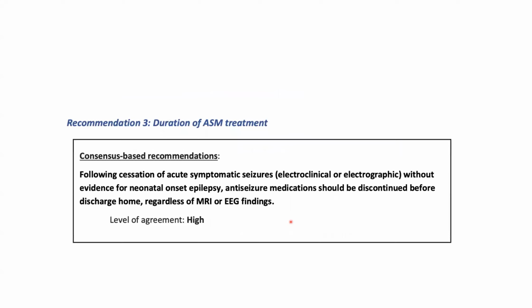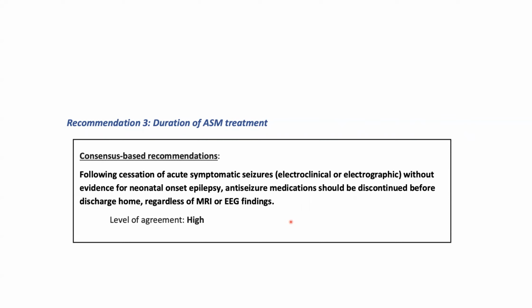The third recommendation is regarding the duration. So you know now that following cessation of these seizures, both EEG and clinical seizures, if you're confident that there is no evidence of neonatal onset epilepsy, that is, there is no genetic or metabolic cause, your intention should be to withdraw anti-seizure medications as early as possible, even before discharge home, regardless of MRI or EEG findings.